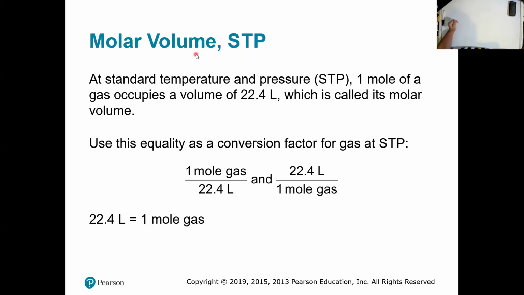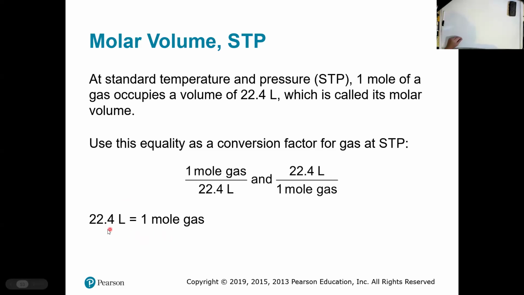What molar volume tells us is that if we have just 1 mole of gas at standard temperature and standard pressure, that 1 mole of gas, no matter what type of gas it is, is going to occupy 22.4 liters of space. So molar volume is this relationship: 1 mole of gas at standard temperature and pressure equals 22.4 liters.